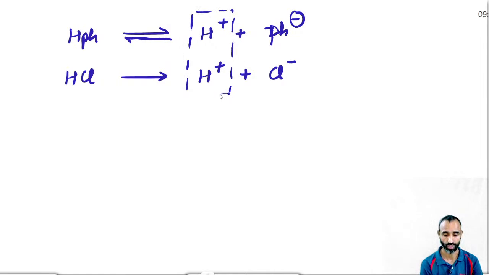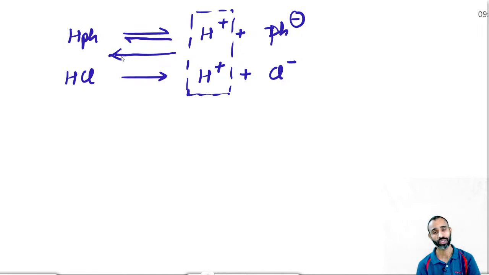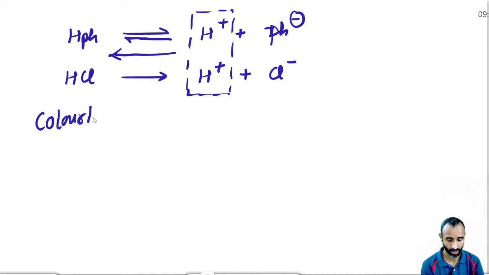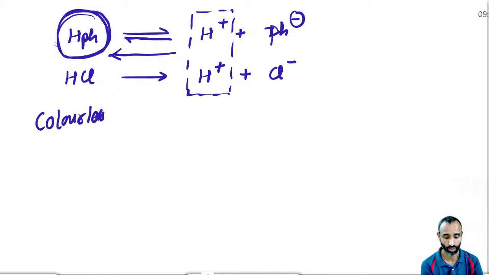Due to the presence of this common ion, this is called common ion effect, equilibrium shifts in the reverse direction, and therefore phenolphthalein is colorless in acidic medium because of the more unionized form. Now, this is an example of common ion effect.